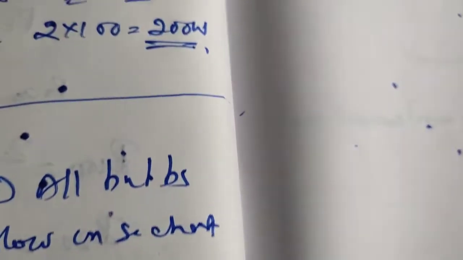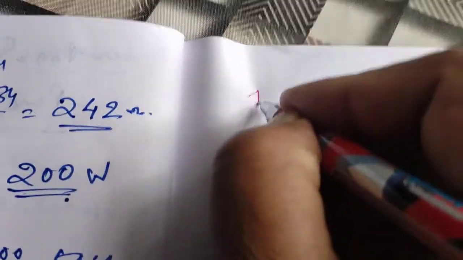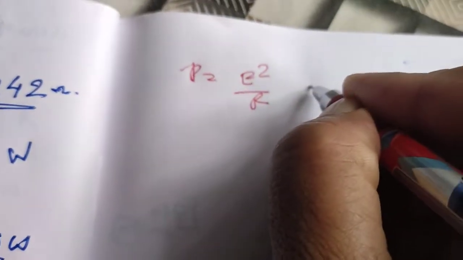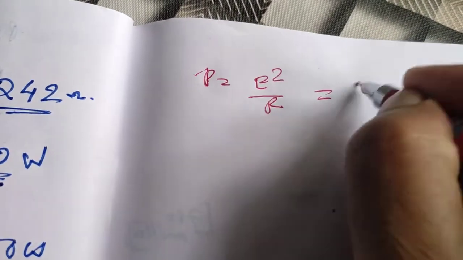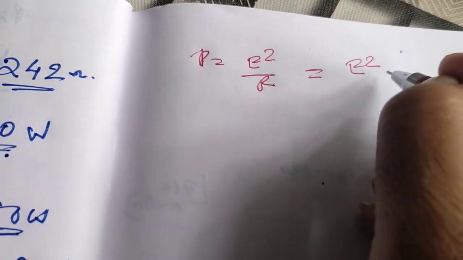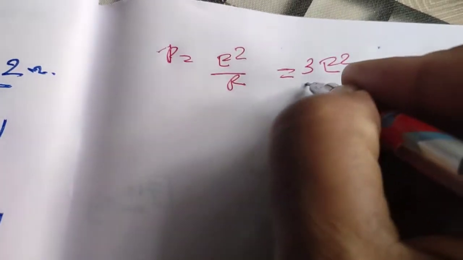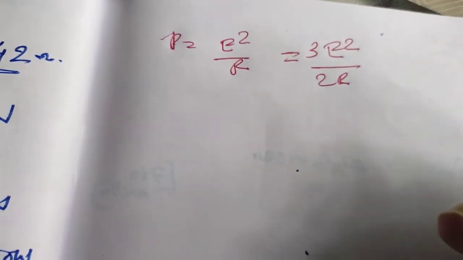Now what is the power? The cell voltage is E. Power is equal to E squared by R, that is E squared by 2R by 3, which is 3E squared by 2R. Okay, this is the power.